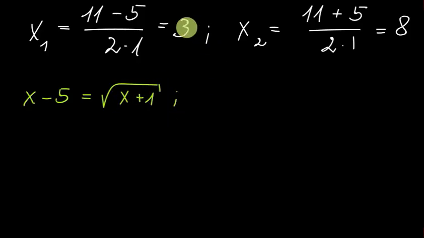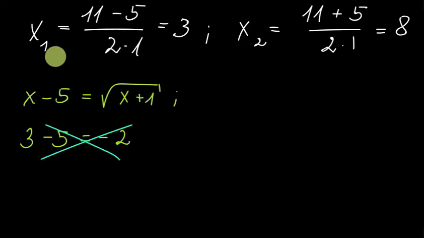Now, let's see if x equals 3 is our right solution. So 3 minus 5 is equal to minus 2. A square root is always positive, so this can't be right, and 3 is not our solution.